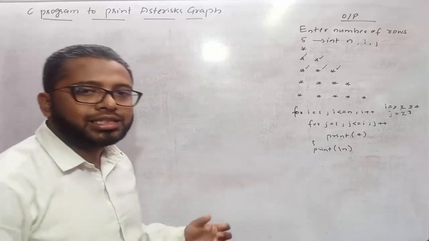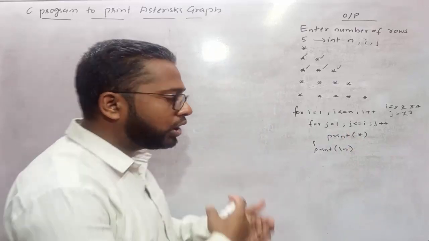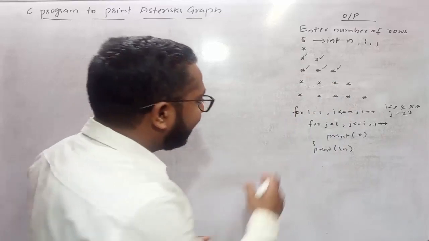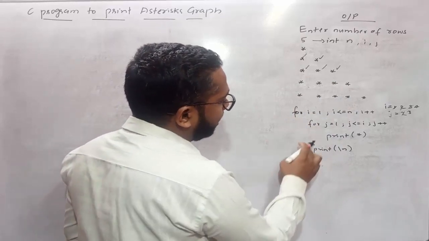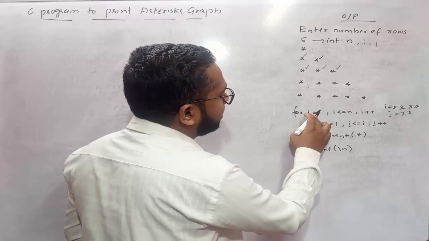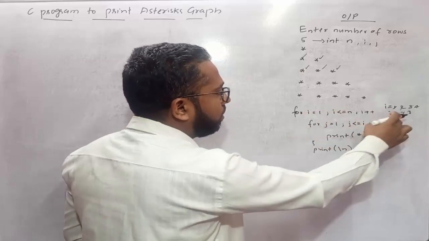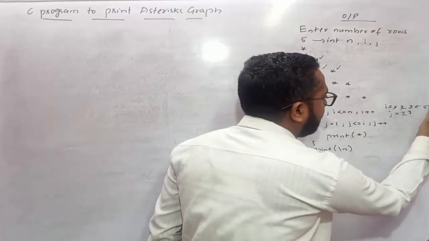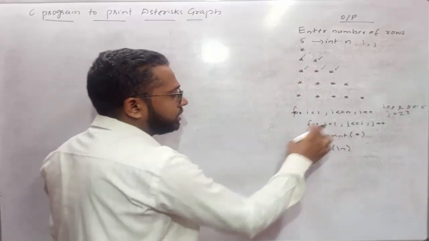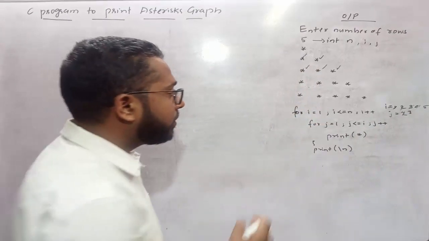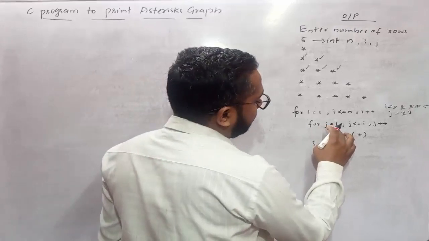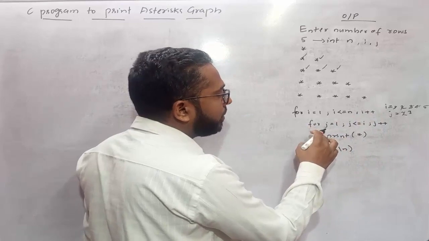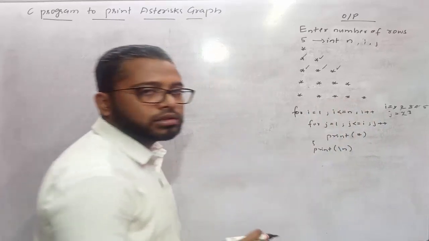Yes, like this j value gets incremented from 1 to 4 and we will get 4 stars printed. Next, control will come outside the inner for loop and i gets incremented by 1. Now i becomes 5, and j also executes 5 times. From j equals 1 to 5, this loop gets executed. That's why you will get these 5 stars.